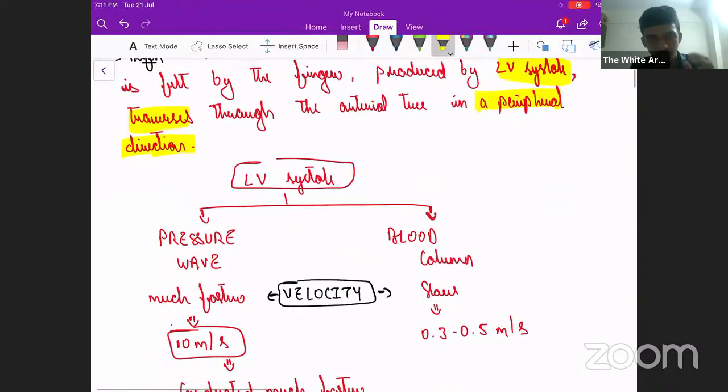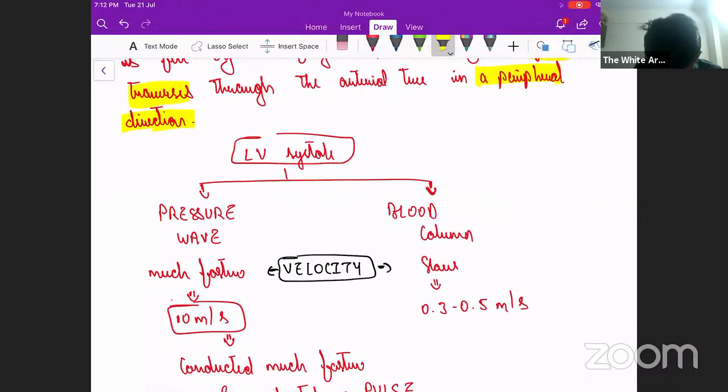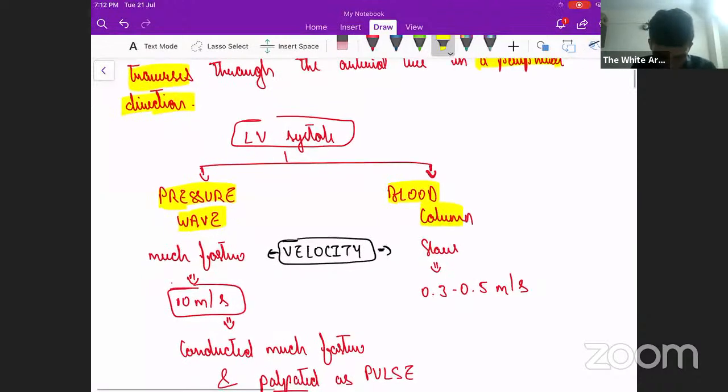When the left ventricle contracts, two things happen. One, a pressure wave is generated. Two, the blood column, the stroke volume, gets ejected. Both travel in the artery. But the velocity of the pressure wave is much faster, around 10 meters per second, so it reaches the periphery first for you to palpate.